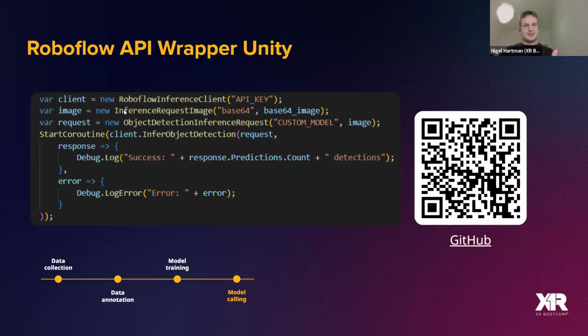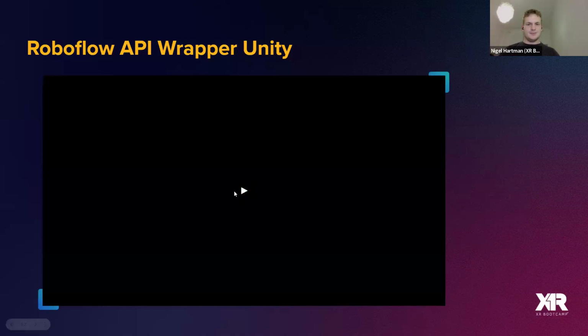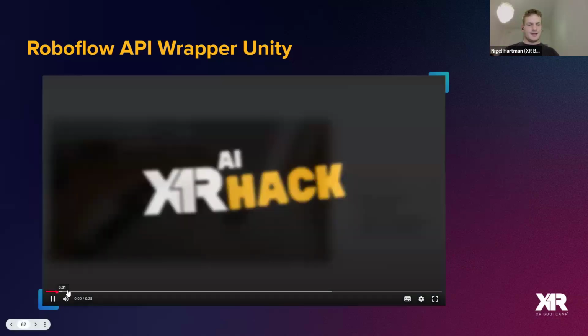You also put the created image in here, along with the name of the model you want to call based on the Roboflow naming. And you just call it and get the result back easily for working on it. And here's the GitHub link for our AI kit.